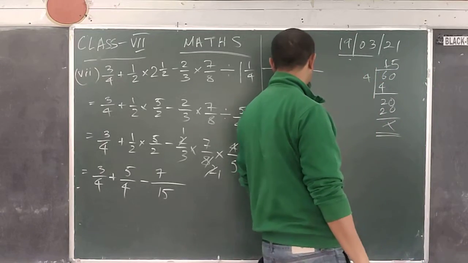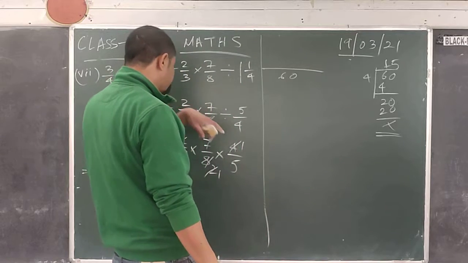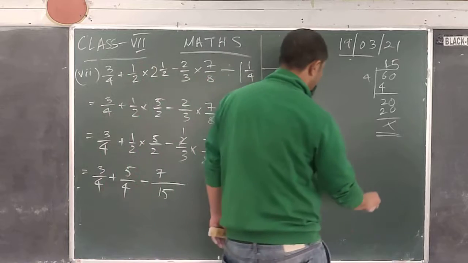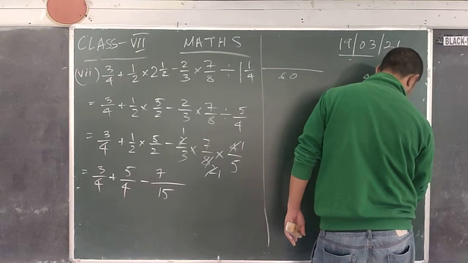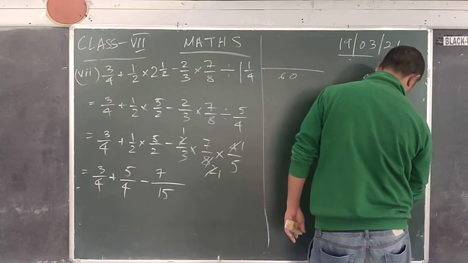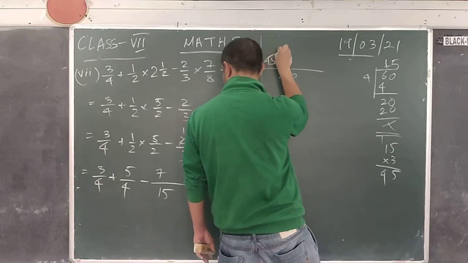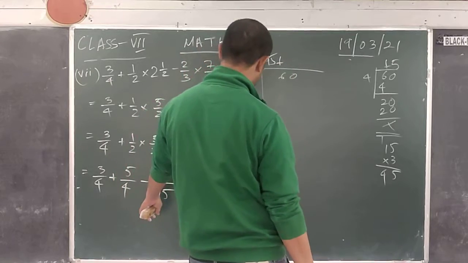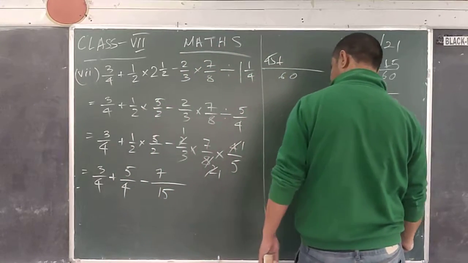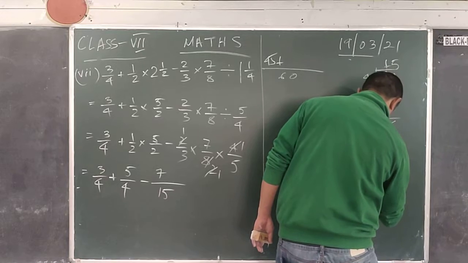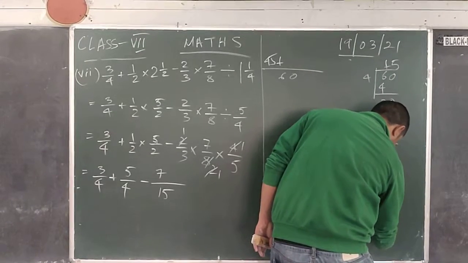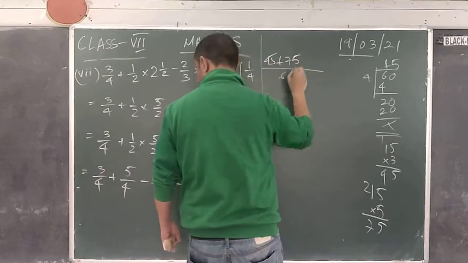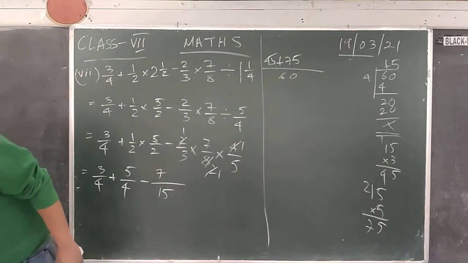Stupid mistakes. So, okay, 15 3s are 45. Okay, 15 into 3, so that comes to 45 out here. Then plus 15 into 5 is 75.